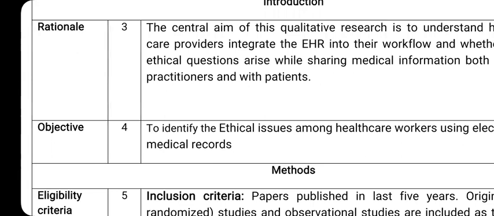Next is the method section. In the method section, there must be a robust eligibility criteria that includes inclusion and exclusion criteria. So I would be searching papers from the last 5 years. It would include the observational studies, the non-randomized studies, the original studies, also the abstracts and the gray literature would be reviewed.